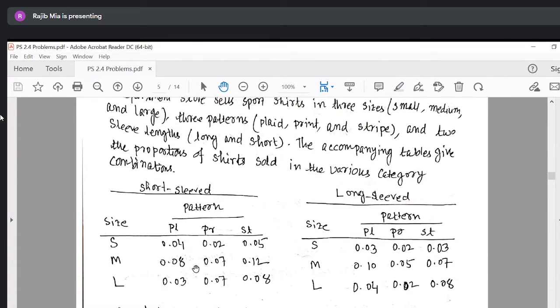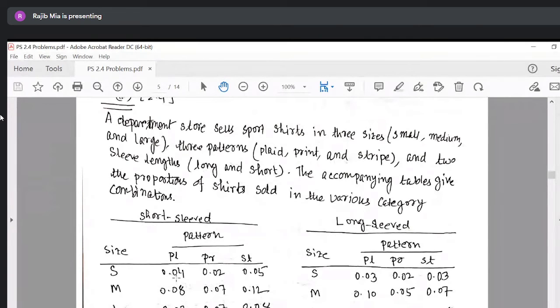For example, here the first value in the first table, that is 0.04. So this is the probability that a shirt is from this category, that is short sleeved, small, and plain. The probability is 0.04.